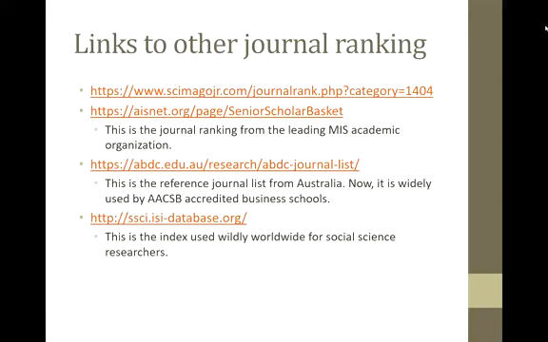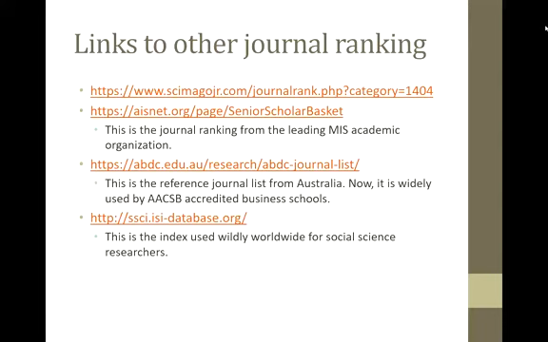The third one is called the ABDC rank. ABDC stands for Australian Business Deans Council, and they publish a journal list used to evaluate the publications or the productivity of their faculty members. In recent years, this particular list has been adopted by many AACSB accredited universities, including us, including UIS.